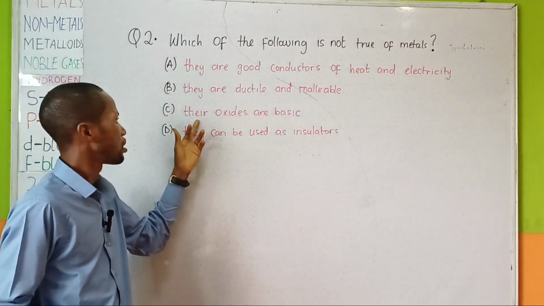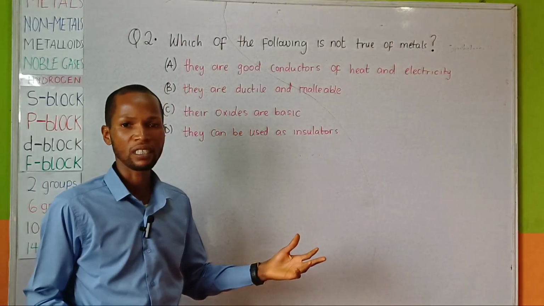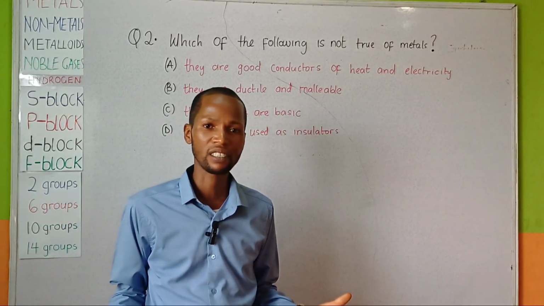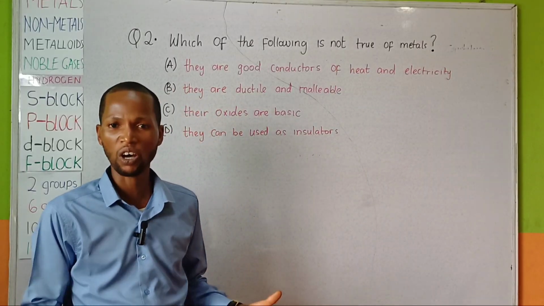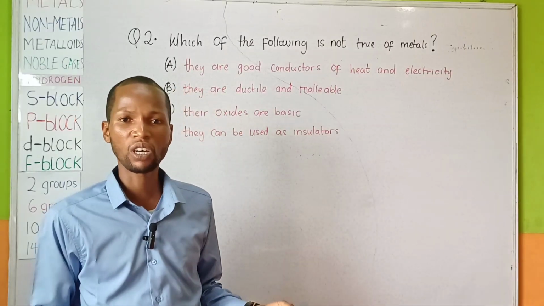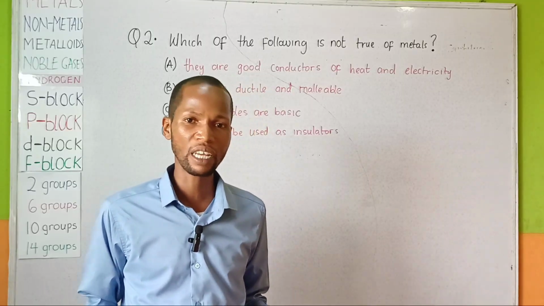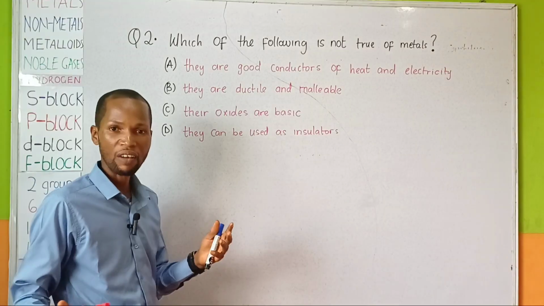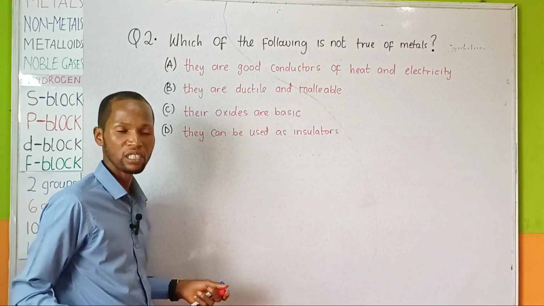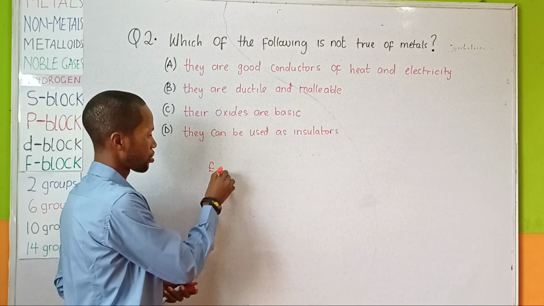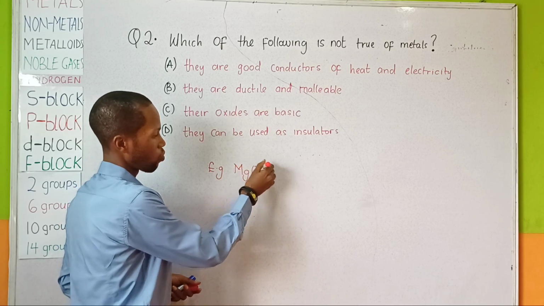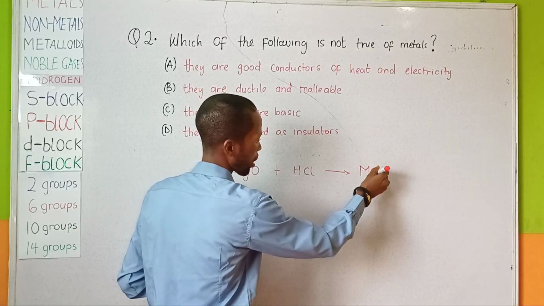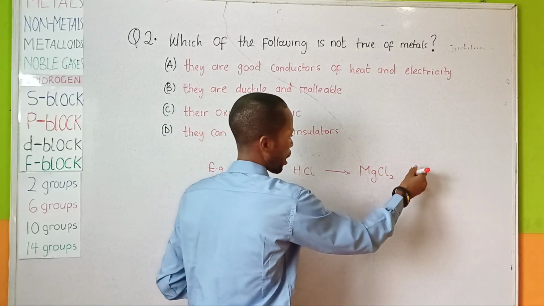Option C. Their oxides are basic. Metal oxides react with an acid, resulting in the formation of salt and water. Since their reaction with an acid results in the formation of salt and water, metal oxides are said to be basic. For example, we have the reaction of magnesium oxide with hydrochloric acid. This results in the formation of magnesium chloride and water.